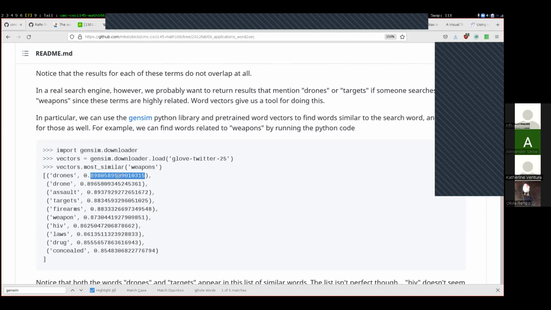The thing on the right is a score, and we'll talk about what that means in a minute, but for this first task, the only thing you really need is the leftmost column. Then if somebody types in weapons, you'll do a search not just for weapons, but also for the top results in this.